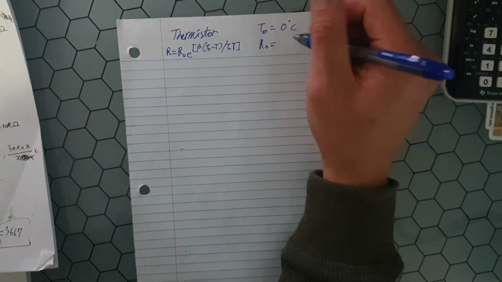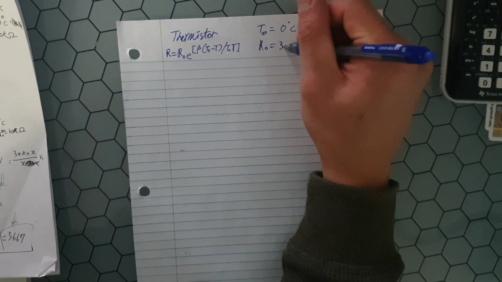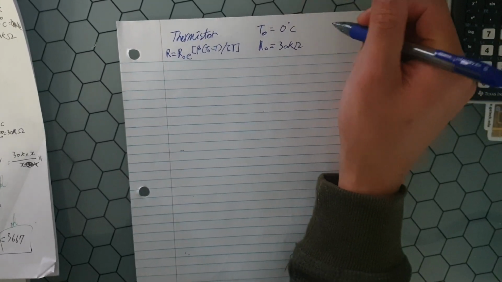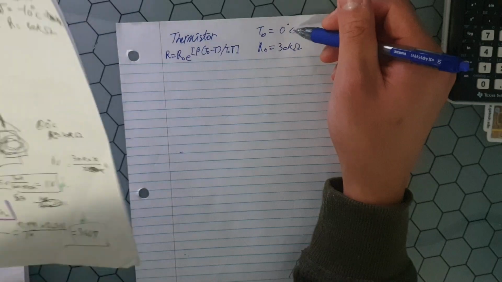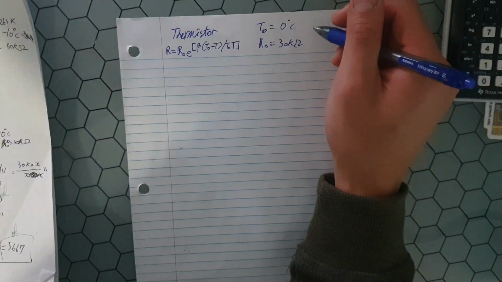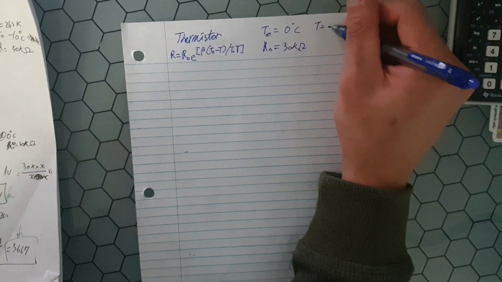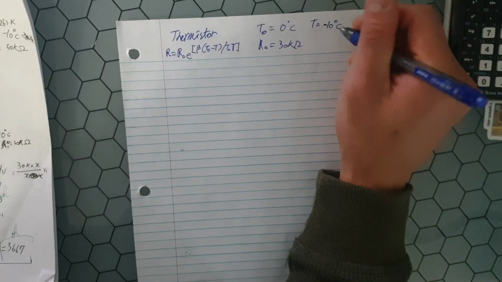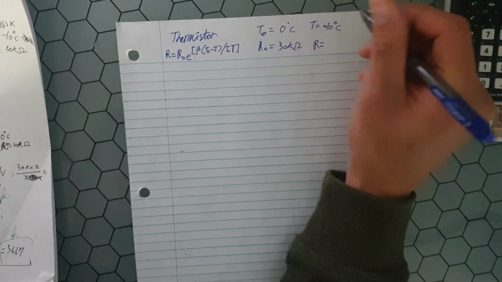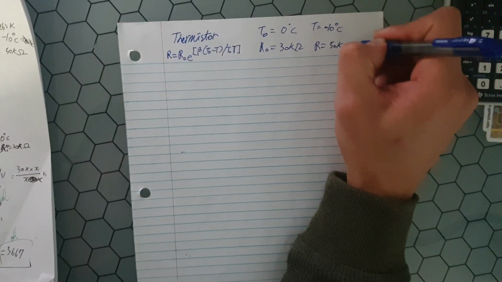So we get, when temperature is at 0 degrees C, the resistance is about 30 ohm, and this could be any other temperature on the graph, and we can get another temperature. So I'll just randomly choose negative 10 Celsius, and at negative 10 Celsius the resistance is at 50 ohm.